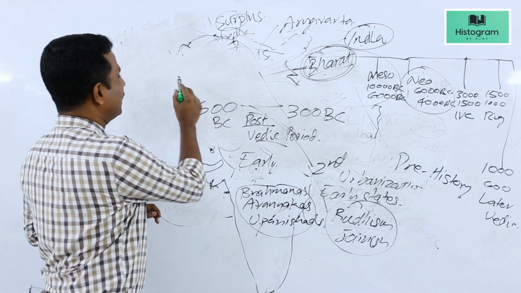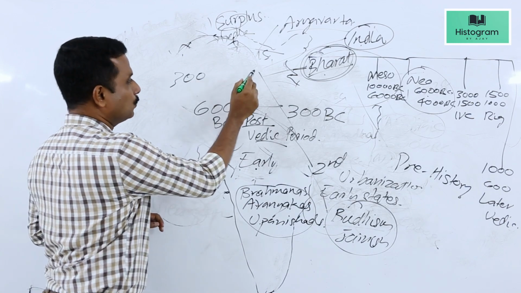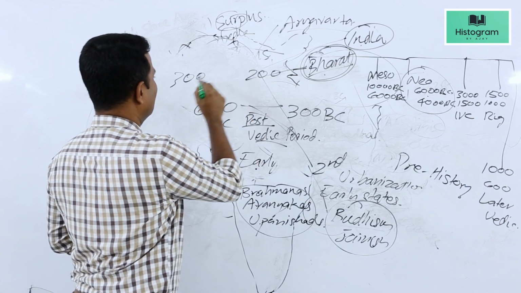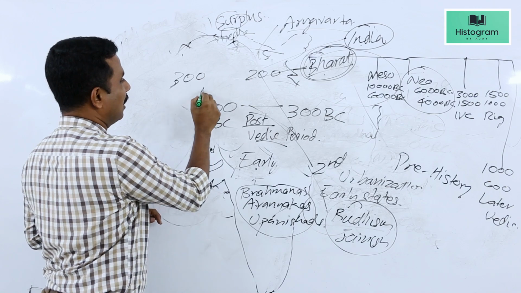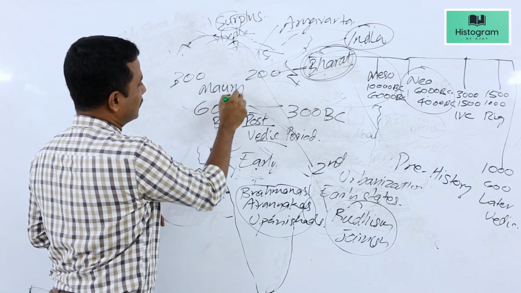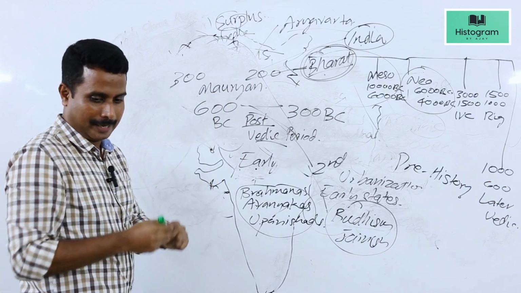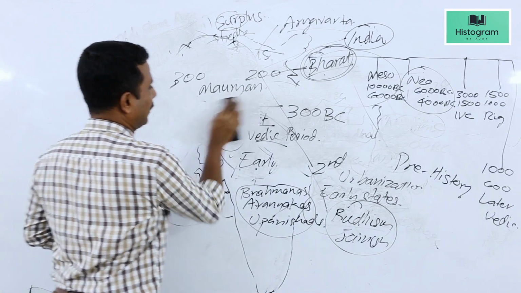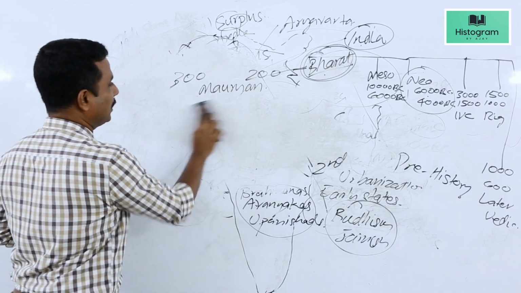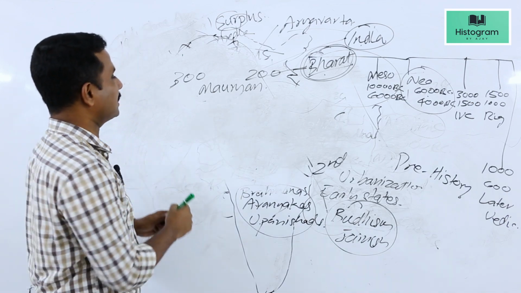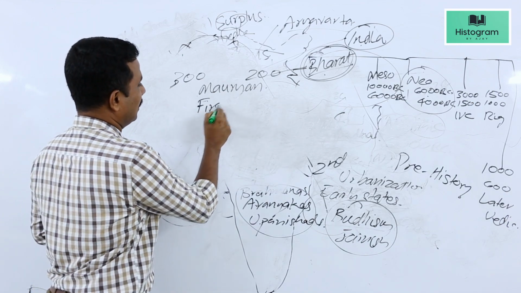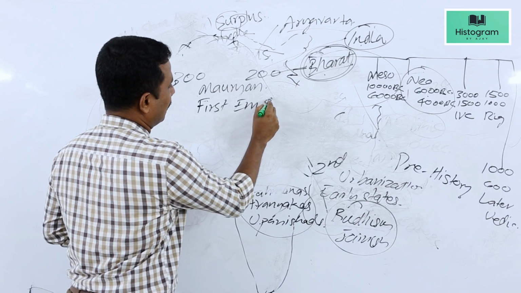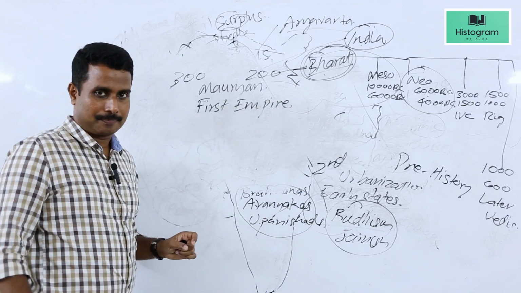Right? So from 300 BC to 200 BC, we call this period the Mauryan period, the period of the Mauryan Empire. This was the first empire in Indian history.